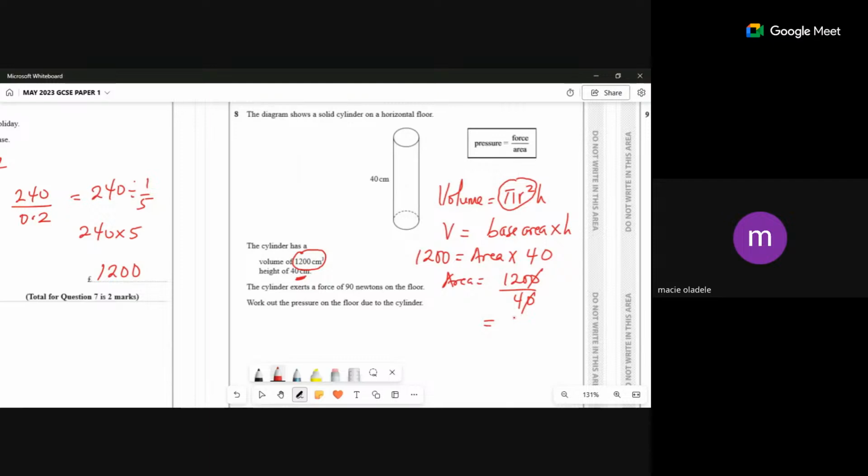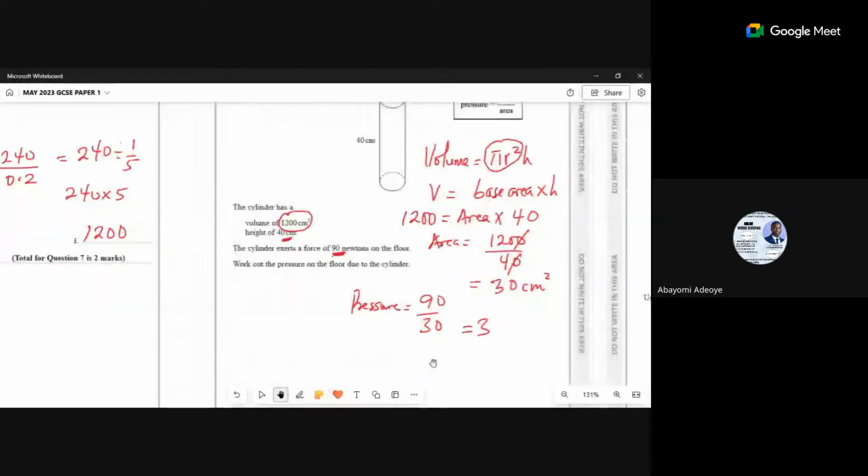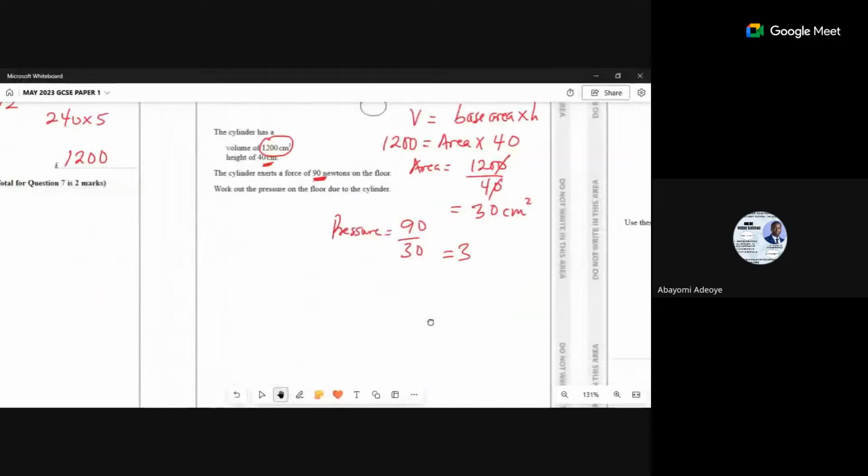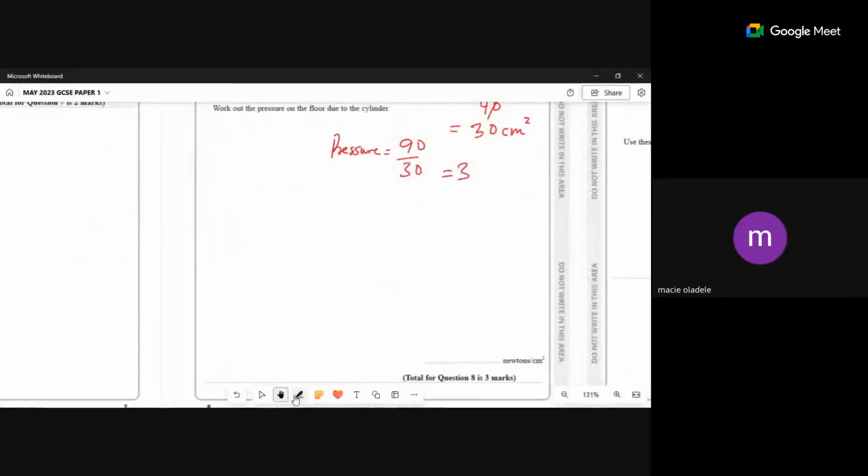So the area is 30 centimeters squared. So the pressure now is what? Force over area. What's the force? 90 over 30, which will be 3. So that's 3. Don't forget to put your answer here. It's very important.